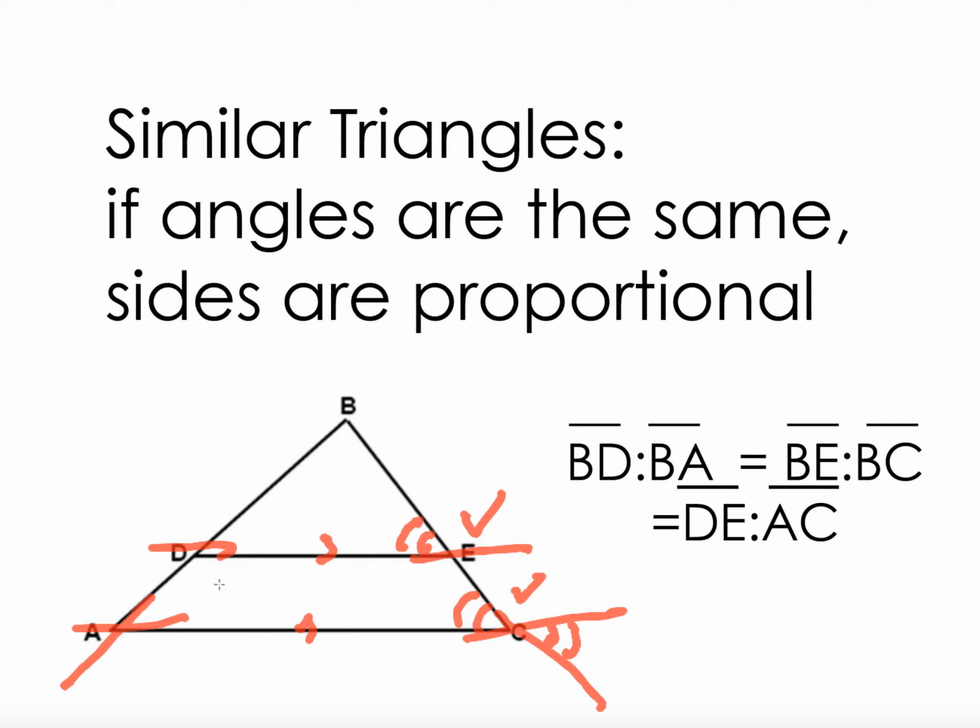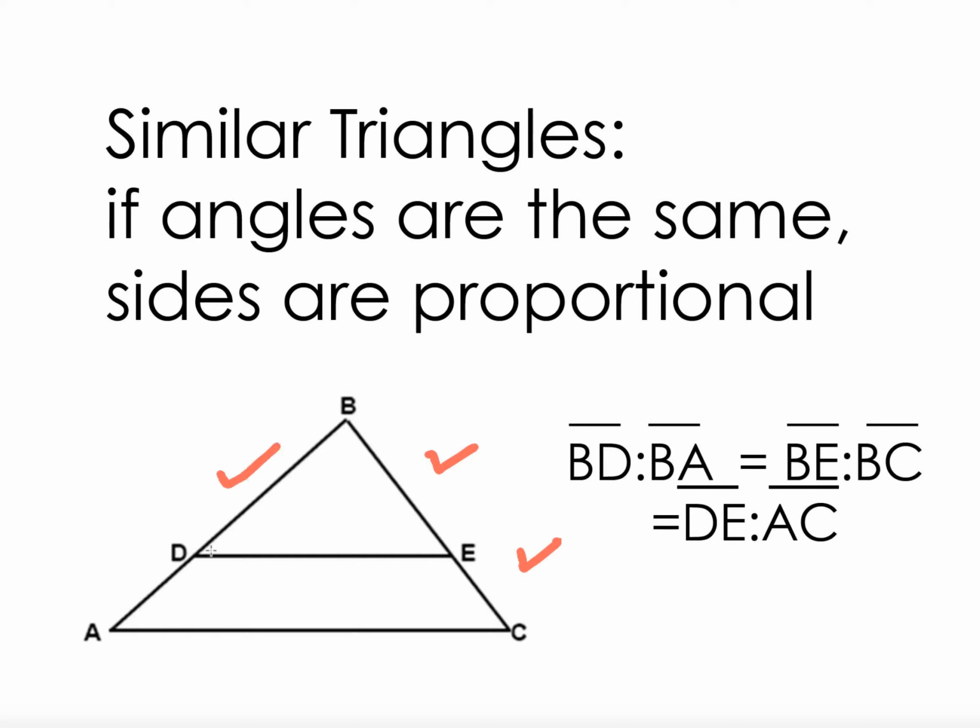So angle E will equal angle C, angle D will equal angle A in quite the same way, and they already share angle B. So they have all the same angle measurements, and then you know that their corresponding sides are going to be proportional to each other by the same factor.